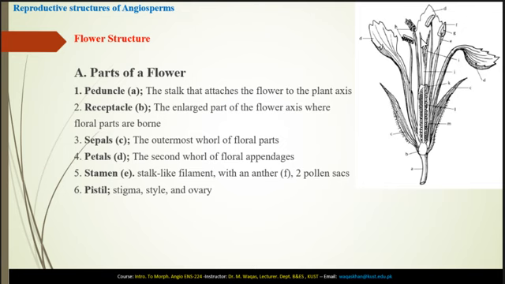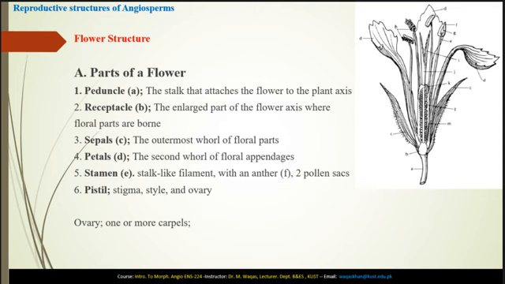And what is the function of the stigma? The stigma is where the pollen grains adhere to a sugary liquid secreted on the surface. Between the stigma and ovary is an elongated part that is called the style. And all the pistils within the flower, many pistils of the flower, are termed as gynoecium.